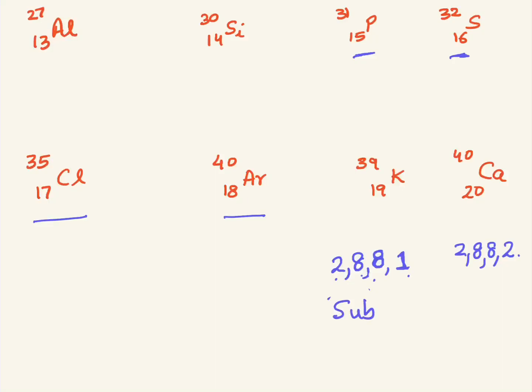And that is where the concept of sublevels and orbitals is introduced in class 11. Doing class 9th and 10th, you don't need to bother. I know there is no option but to remember these exclusive cases, right? So the configuration for potassium is 2, 8, 8 and 1 and calcium is 2, 8, 8 and 2.